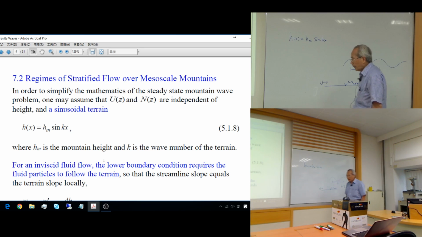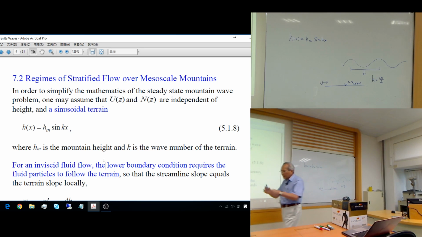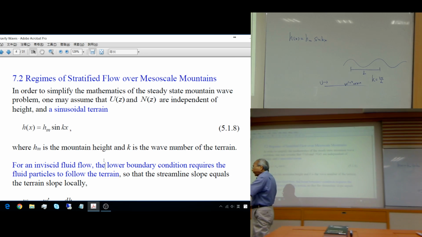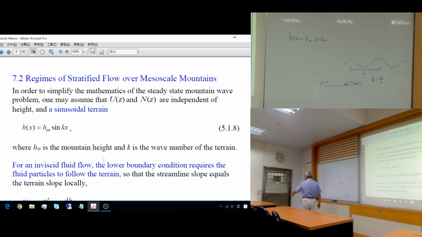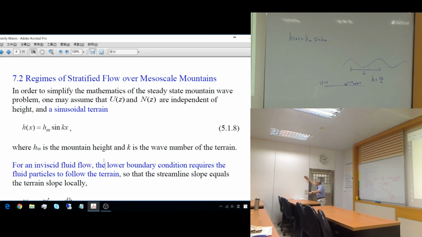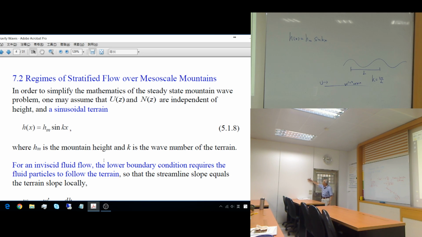No matter what kind of rigid boundary, if we have a rigid boundary here, your flow comes in and cannot penetrate it. So the perpendicular component of the wind at the rigid boundary will be 0.